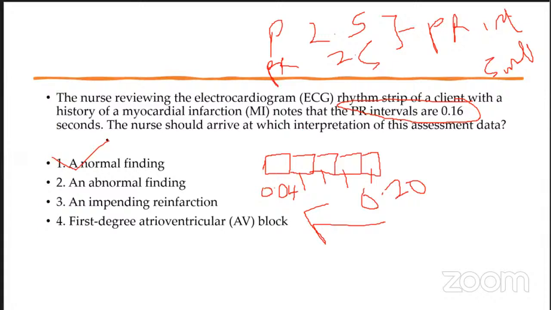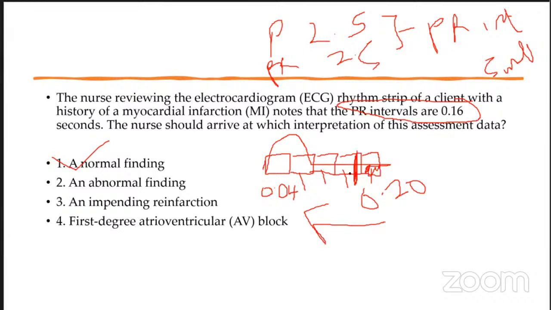That's a normal finding. We want our PR interval to be less than 5 small boxes. So if this patient has a PR interval of 0.16, it means his PR interval maybe started from here and ended in the 4th box here. And that's what would have given them 0.16 seconds.